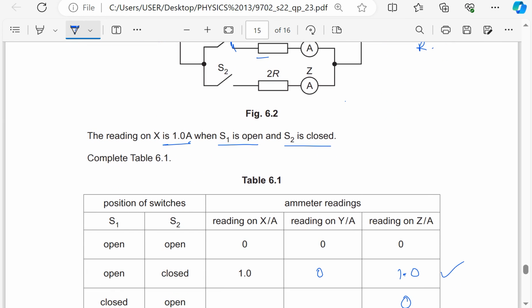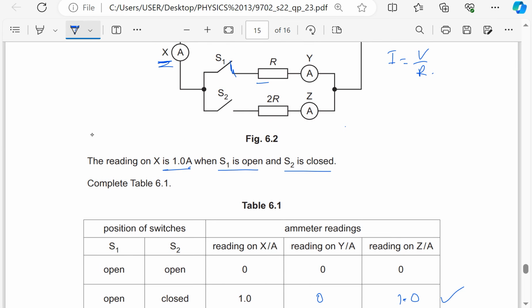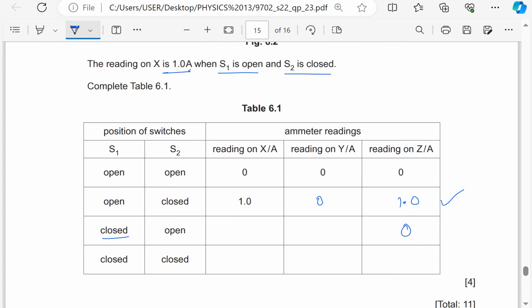Using the previous part, when S2 was closed, V was equal to I times R, the current, which was 1.0, times R, which was 2R. So V was initially 2R and V remains constant.